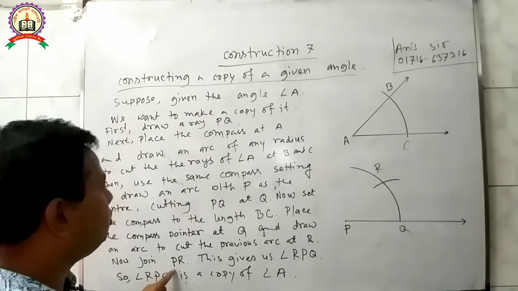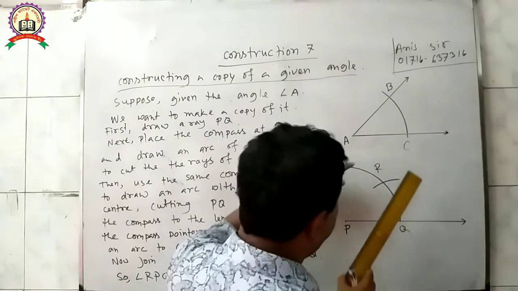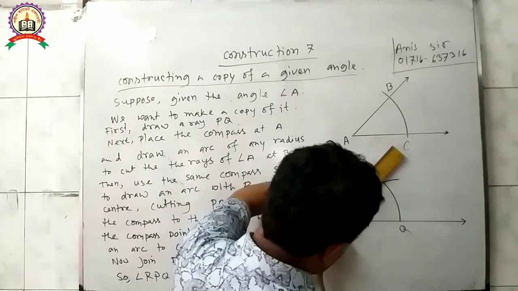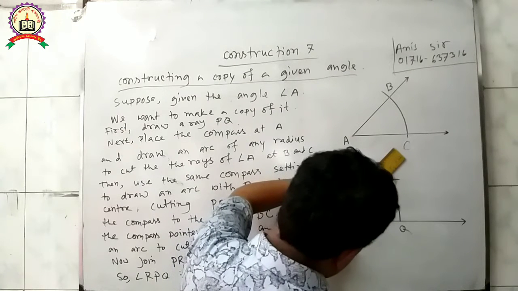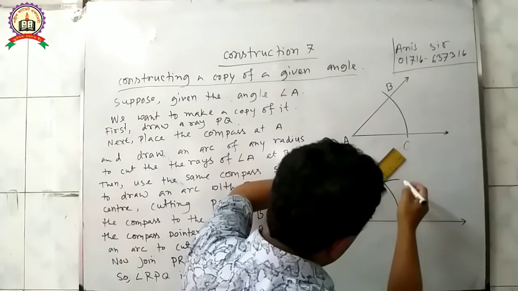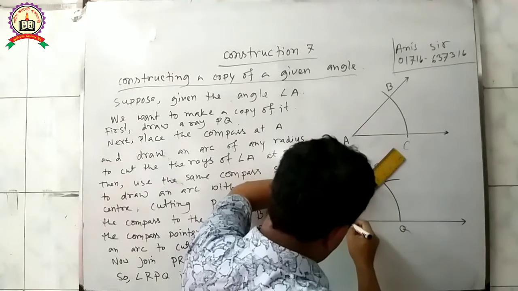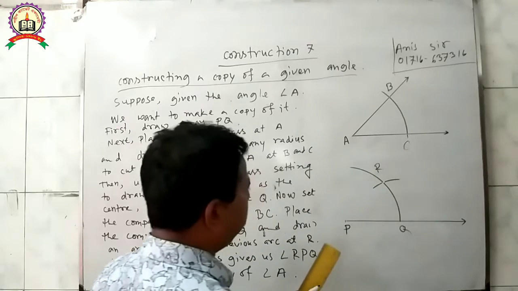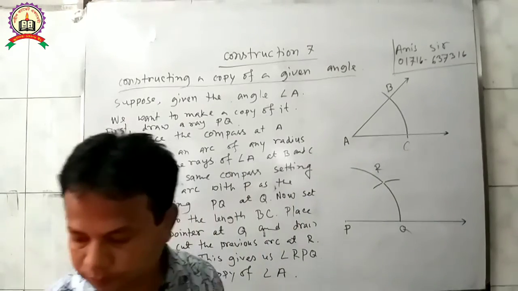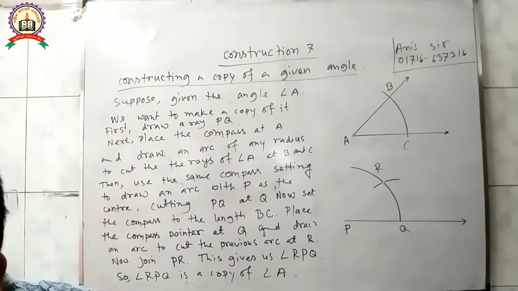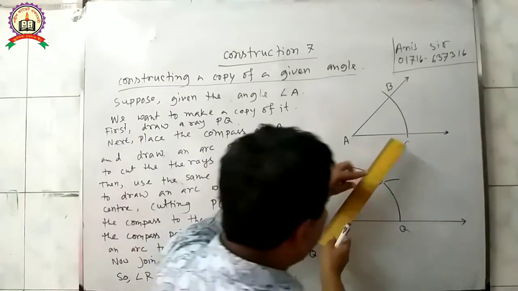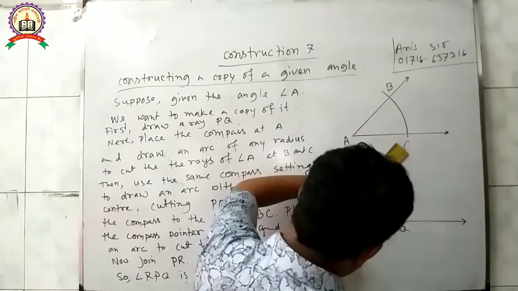Now we have to join PR. This is P and this is R. Now we join PR.